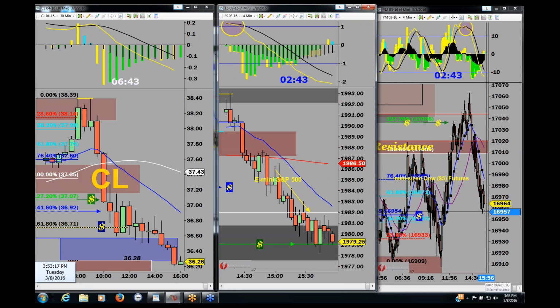So we were saying up here at the yellow arrow, we wanted to see 1982 hold as resistance. We're getting that, and 1979 being re-challenged once again. Chart in the center, that's your ES market.